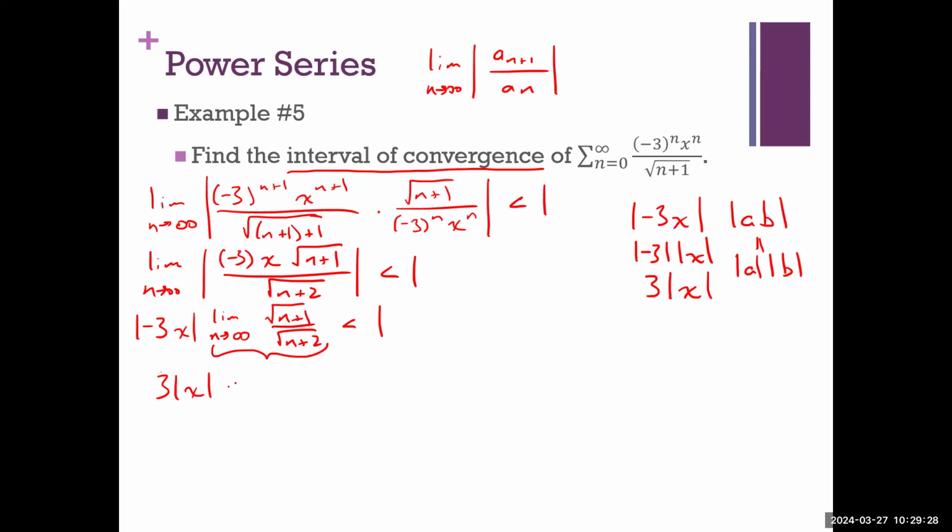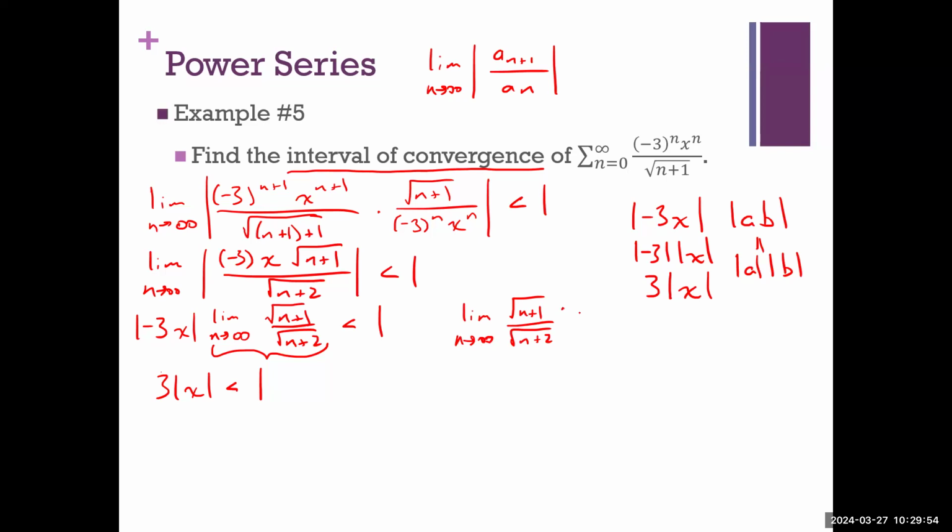So now I have 3 absolute value of x is less than 1. Solve that, so it's continuing. Sure, let's do it. Square roots make it a little more complicated, but we'll get around it. So this is radical n plus 1 over radical n plus 2.